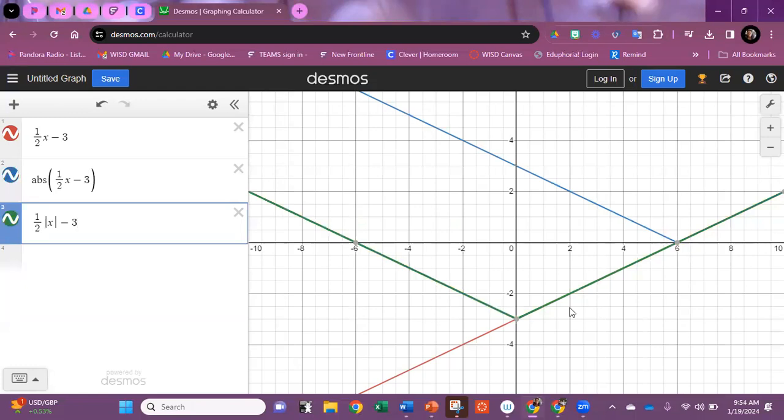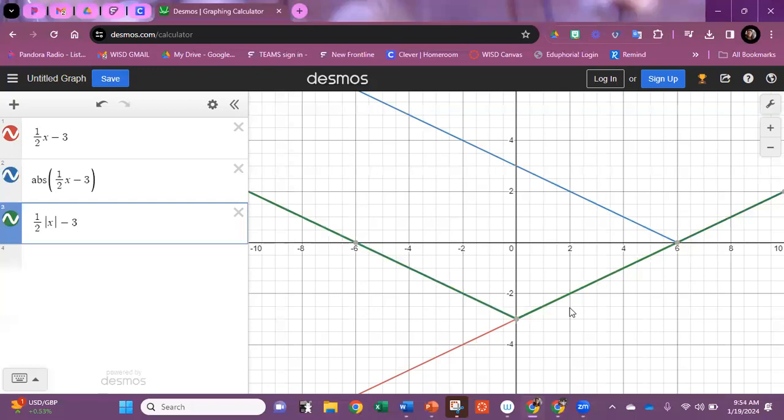Okay. So this is going to help us make a conclusion for all functions. If I'm taking the absolute value of any function, the entire function, what is absolute value going to do to the graph of that function? It's going to make it go above the x-axis. So if I'm taking the absolute value of the entire function, all of that function is going to be above the x-axis.